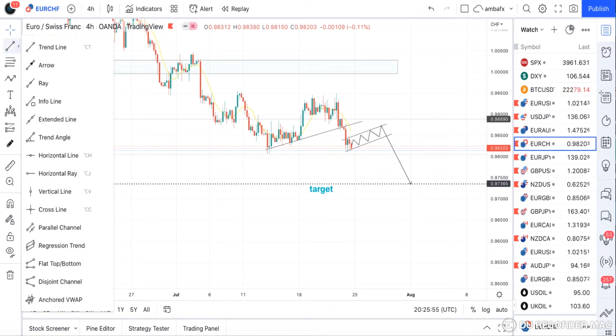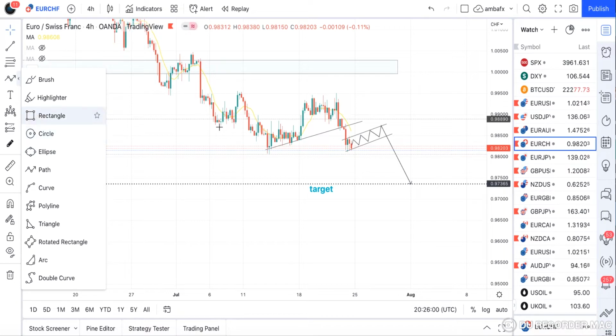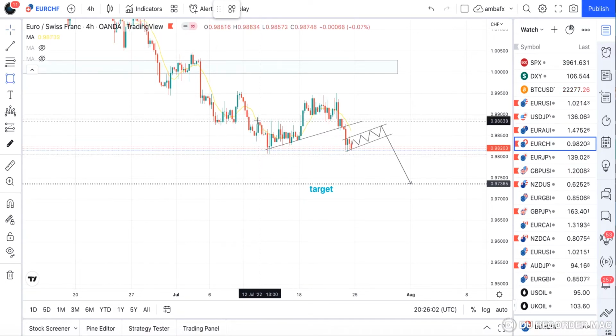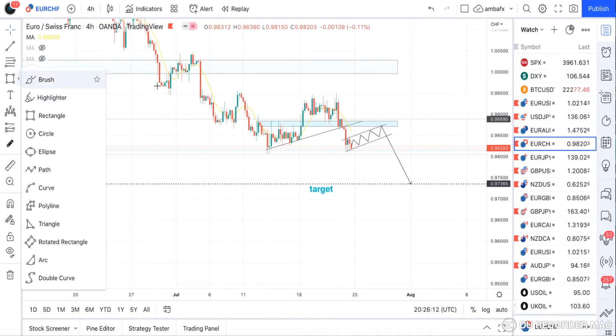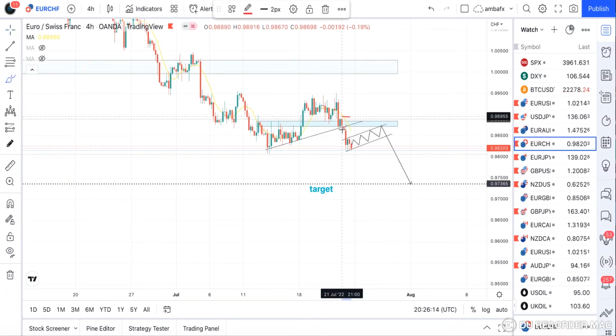because if you check this place very well, we can see the formation of a resistance right here on its own. You understand, and this is a supply level right here. This is a particular supply level. Pardon the drawing. So we might see a retracement to this side, then we'll see a decline to this side.